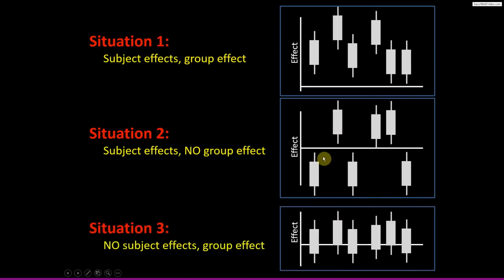And in situation 3, we see that there are no individual or within-subject statistically significant effects, but there is a significant group effect. If you look at the individual subjects, you can see the distributions are all overlapping with 0 quite strongly.